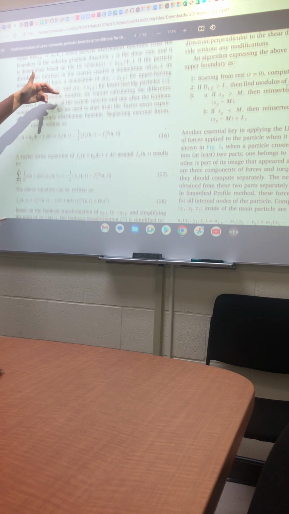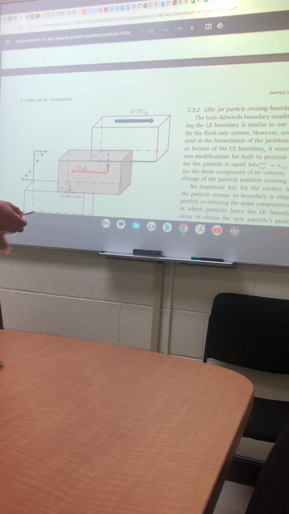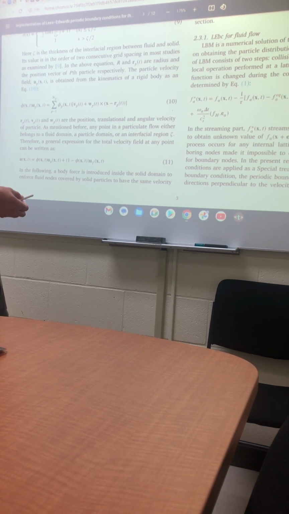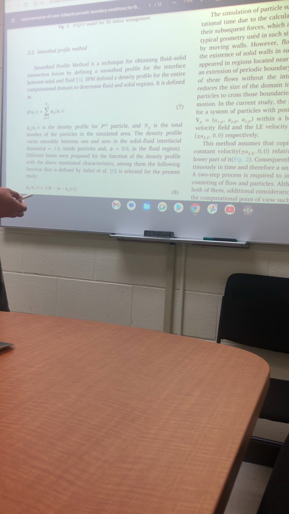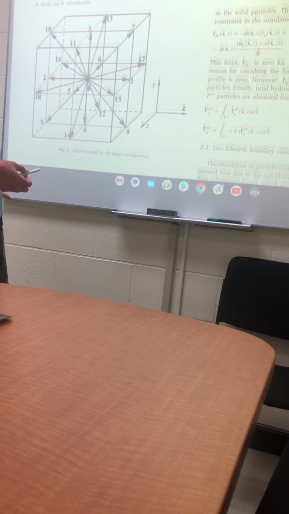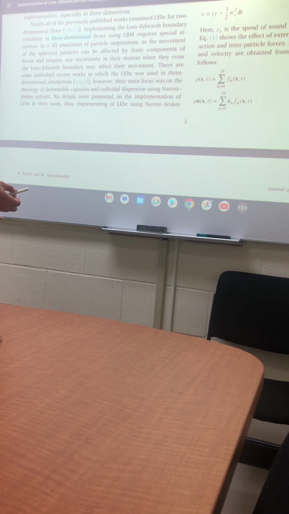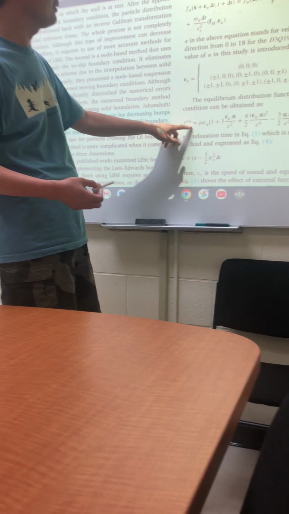If we keep going up, look at the FEQ expression, it should be somewhere. FEQ, that is Boltzmann FEQ. Where is it? No, this is probably before somewhere. Yeah, here. Yes, okay.